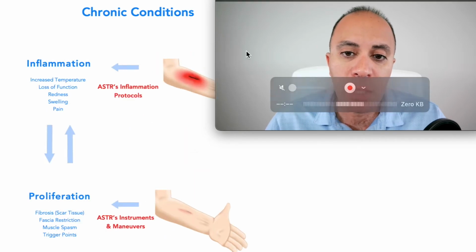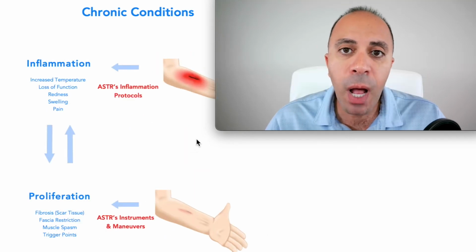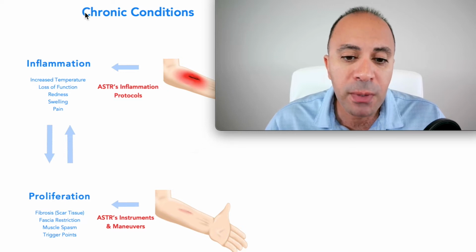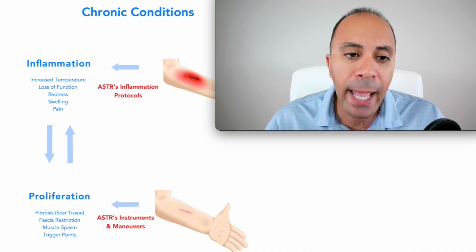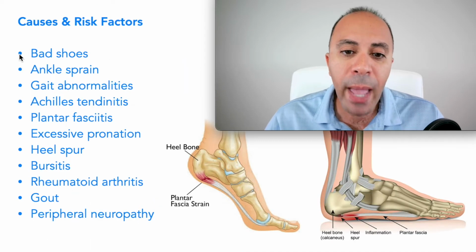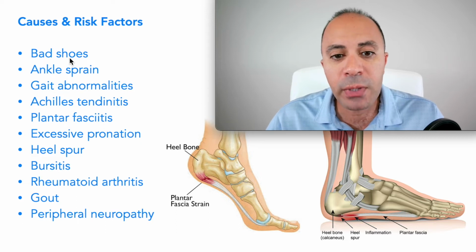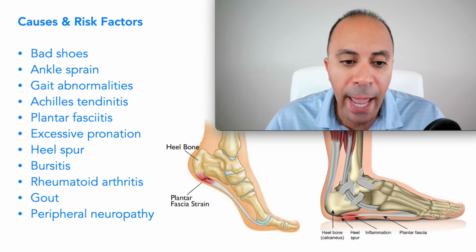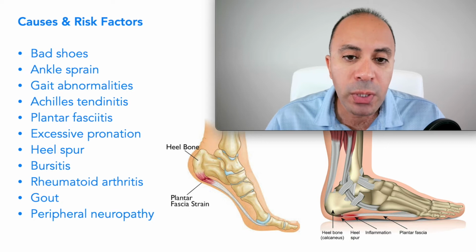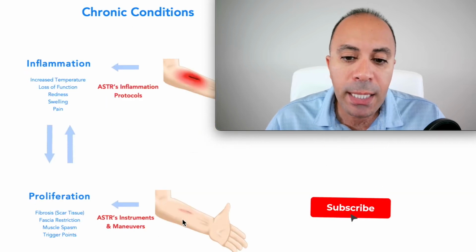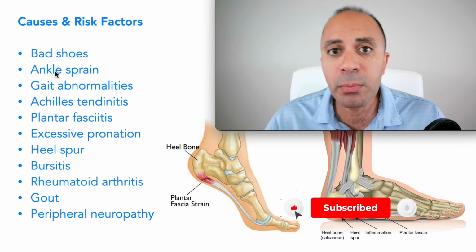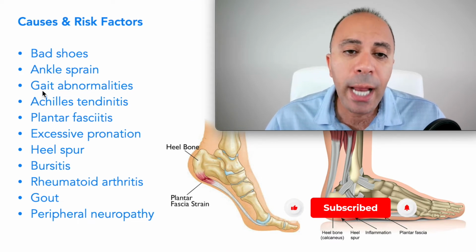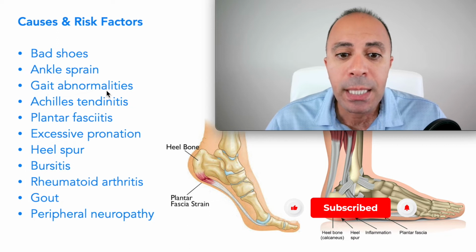If you are in a chronic condition and you still have pain, you're probably going back and forth between the inflammation and proliferation stage. So when we look back at a foot injury from bad shoes, that will cause a lot of inflammation and a lot of tightness in your muscle or your calf, and will cause scarring in the area that is compensating for the bad shoes, bad anatomy, or bad gait pattern.